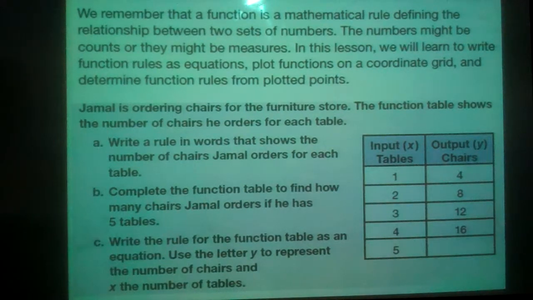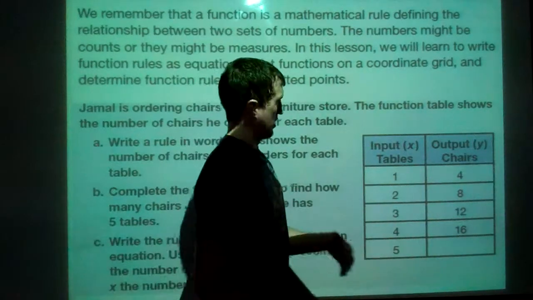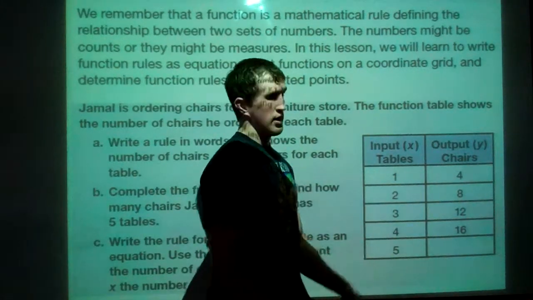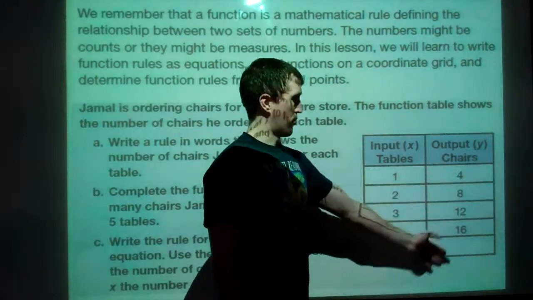Okay, so this first one says, Jamal is ordering chairs for the furniture store. The function table shows the number of chairs he orders for each table. So remember, a function is some sort of equation where when we have an input, it will give us an output number.